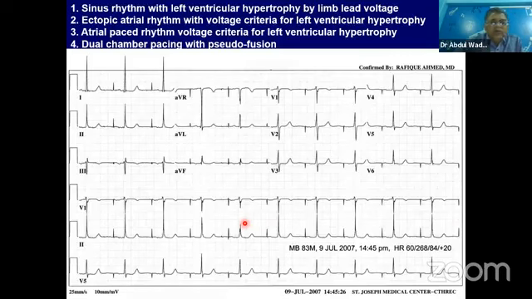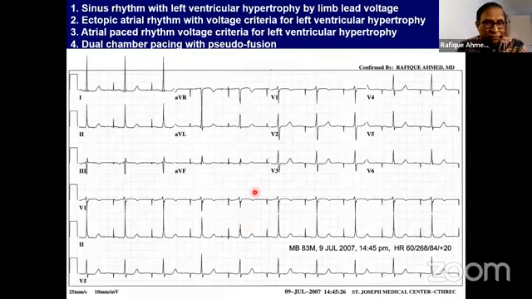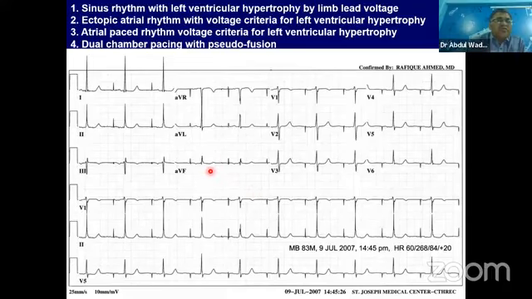With V5 or V6, it doesn't fulfill the voltage criteria. But in case of AVL, it's also 10 millimeters only. It doesn't fulfill as well. How about lead 1? But lead 1 is tall.